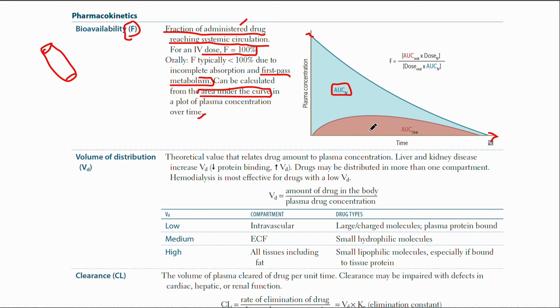This is 100%. The area under the curve in oral cases is very small. And bioavailability is calculated via the formula: AUC oral times dose IV, divided by dose oral times AUC IV. This is the bioavailability calculation.